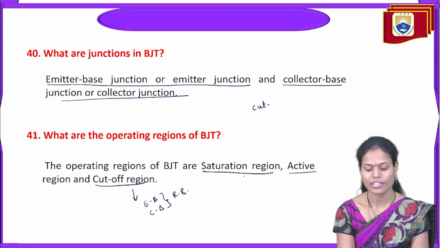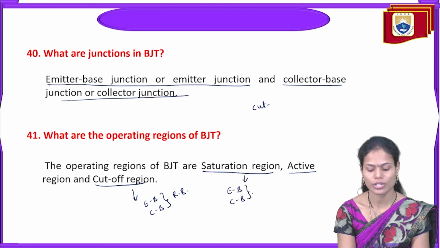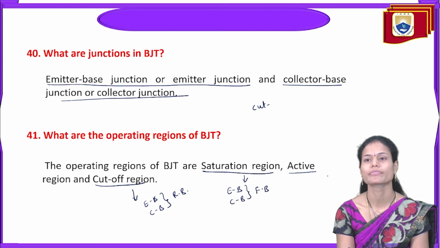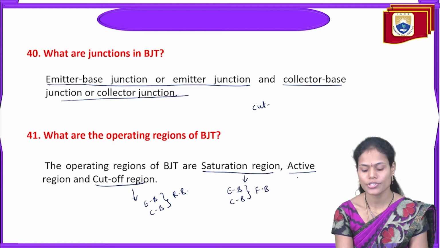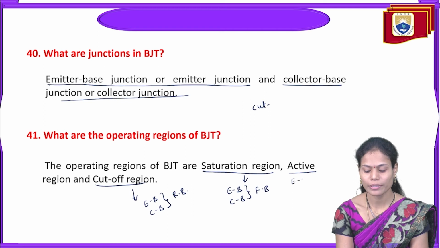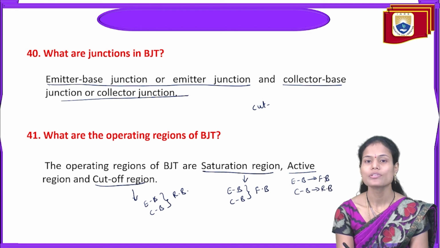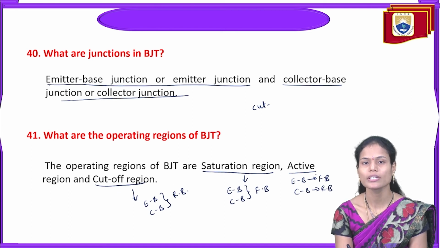In the saturation region, both junctions are forward biased. In the active region, the emitter base junction is forward biased and the collector base junction is reverse biased.